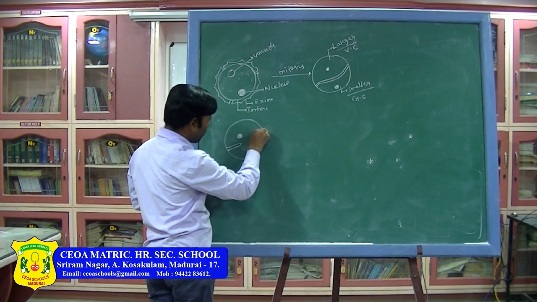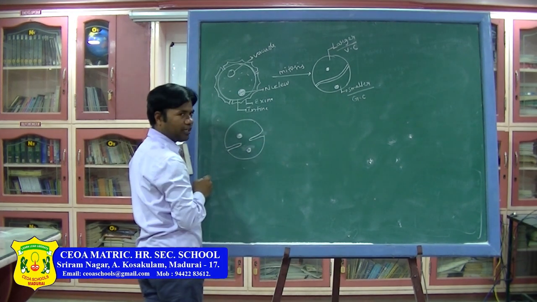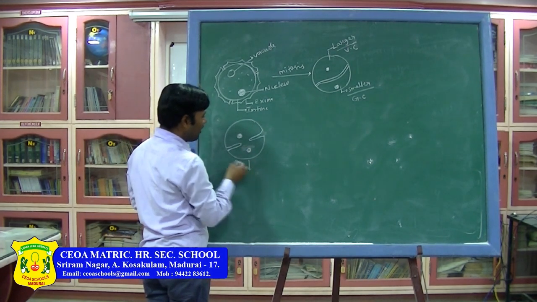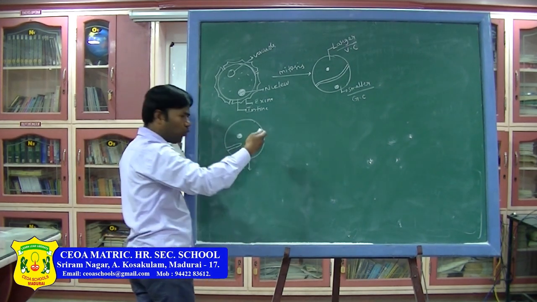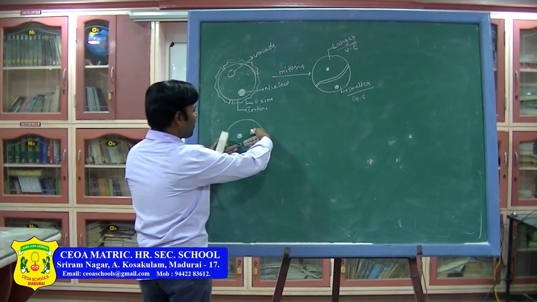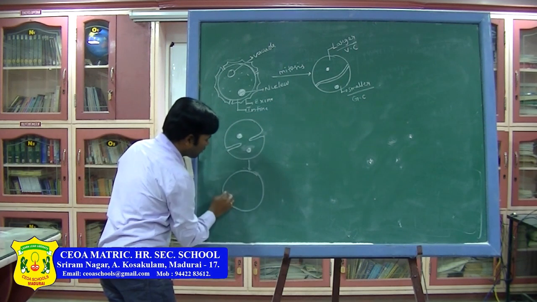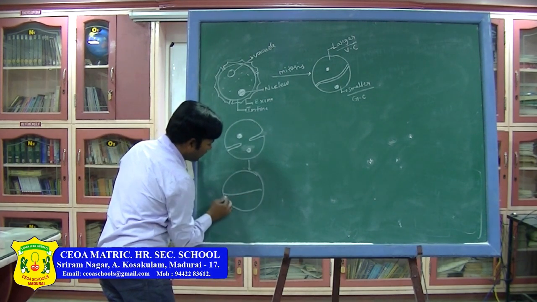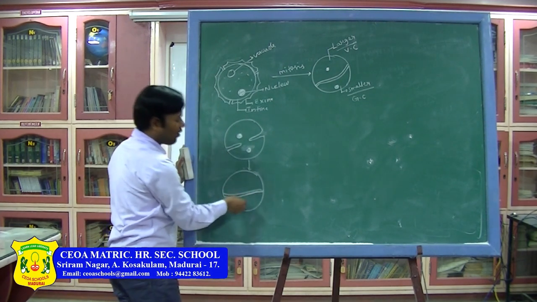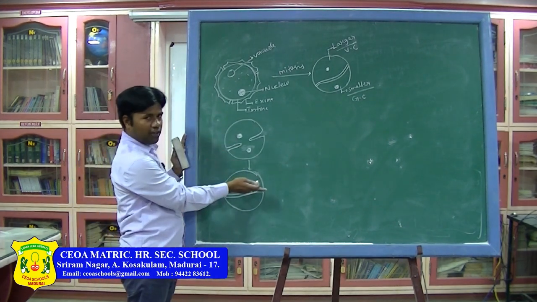The plasma membrane goes inside. This is the plasma membrane invaginating. Then from two opposite sides the plasma membrane invaginates inside and at a particular position they meet. Due to that meeting, the cell wall, the cytoplast will be divided. This cytoplast is separated, this cytoplast is separated.